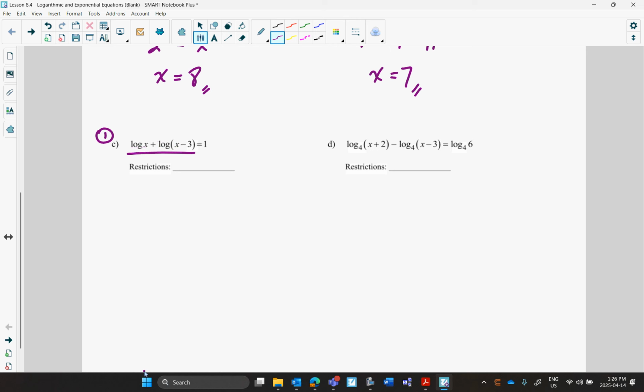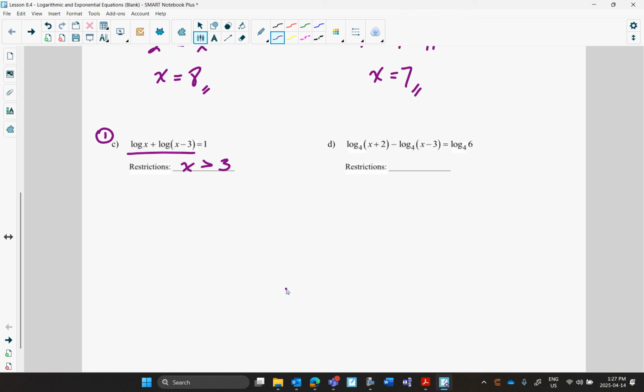Oh, sorry. Restrictions first. For this one, x has to be greater than 0. And for this one, x has to be greater than 3, so I take the higher one. Even though 1 would work here, it would not work here because it's negative. So I have to go greater than 3.